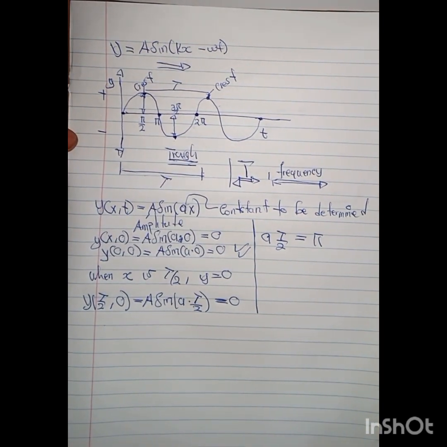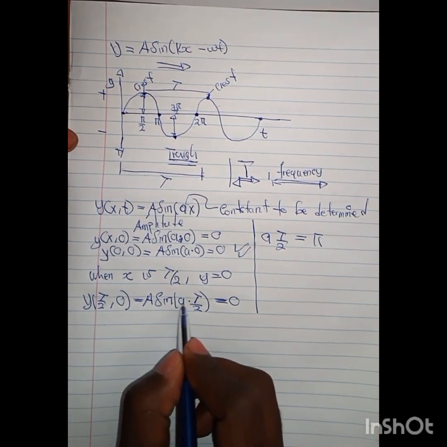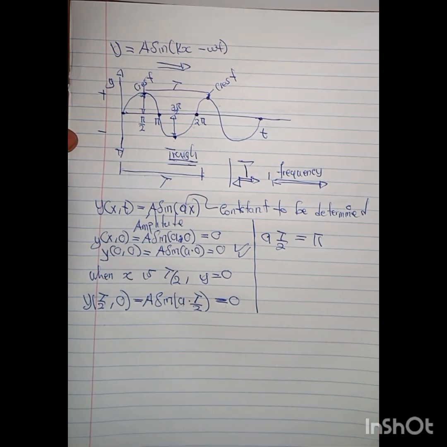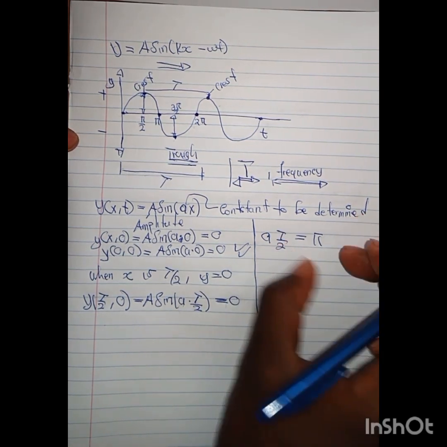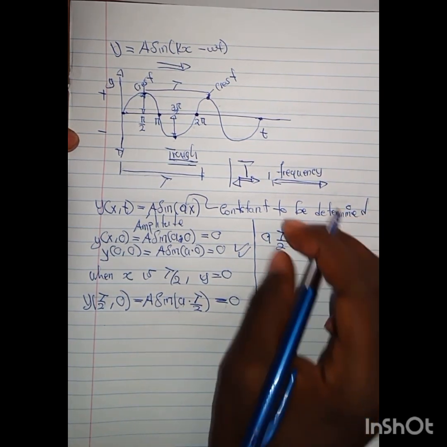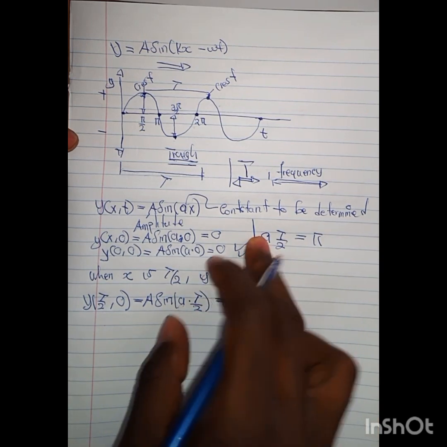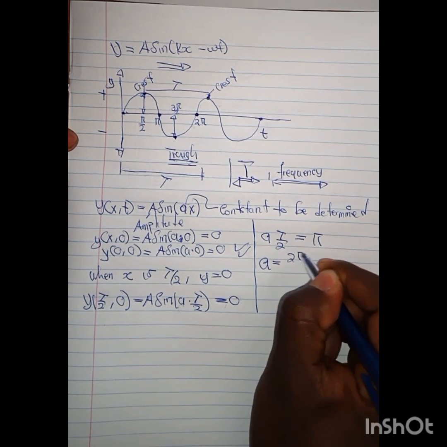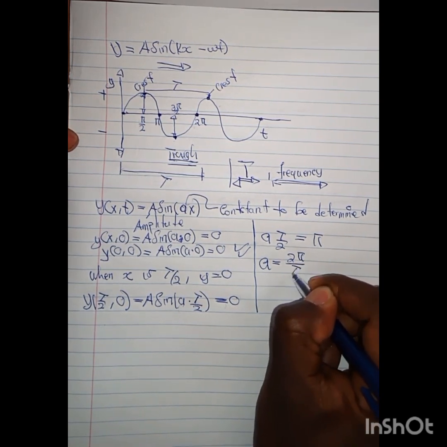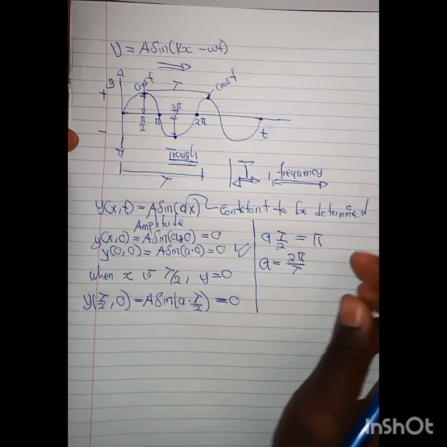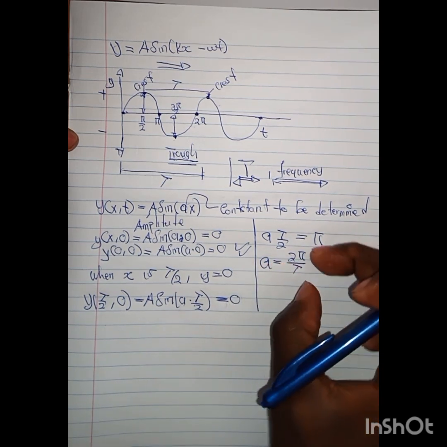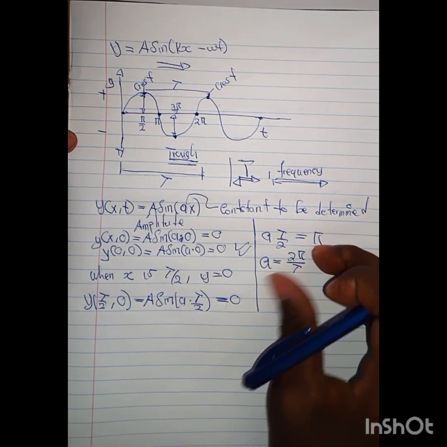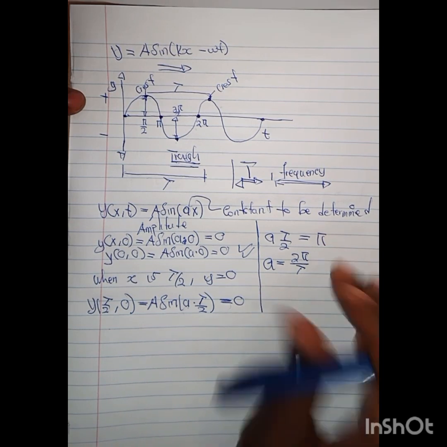Anything other than that, this information here cannot be true. So if this is equal to pi, we can make a the subject of the formula so that we can solve this information. A will be given by 2 pi over lambda. So it follows that in place of a, we can now have 2 pi over lambda. So now this is what we have.